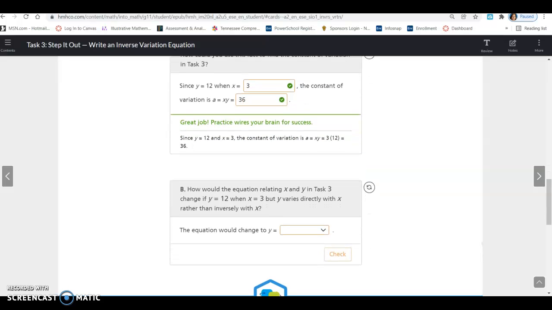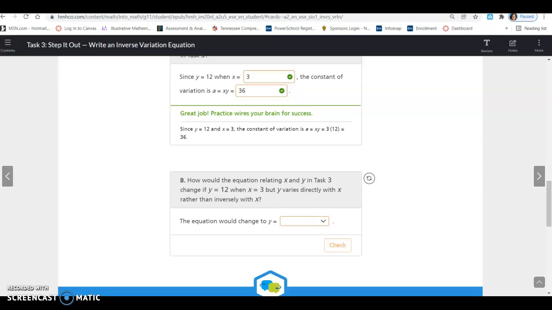How would the equation relating x and y in task 3 change if y equals 12 when x equals 3, but y varies directly with x rather than inversely with x? The equation would change.